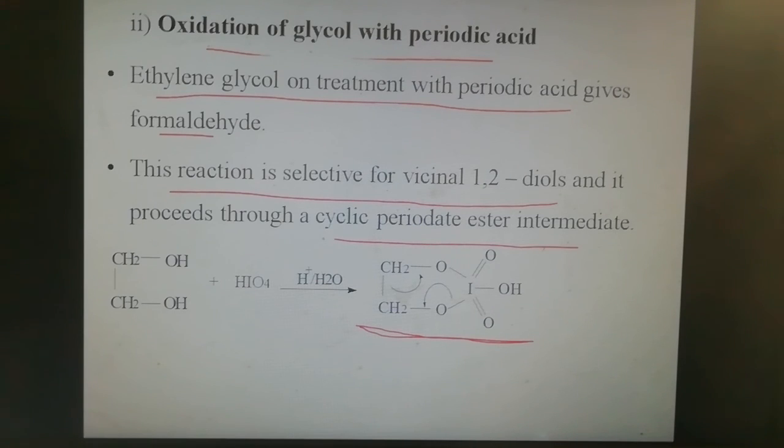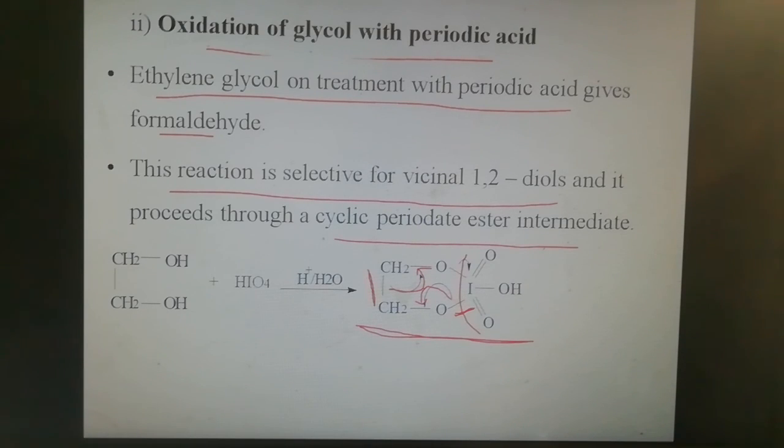Decomposition takes place in the intermediate. This bond pair shifts to this CH2O carbon, then this bond pair shifts to this CH2O carbon, then the oxygen-iodine bond pair shifts to iodine.